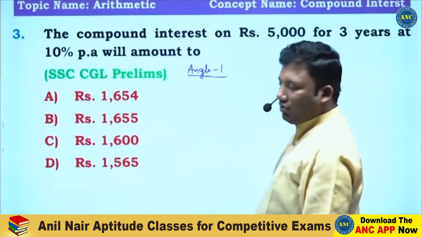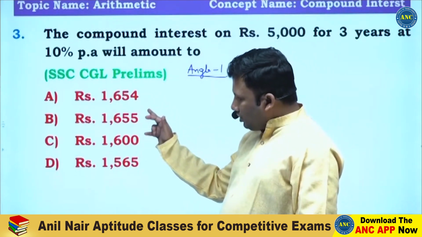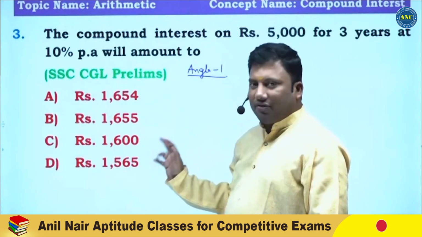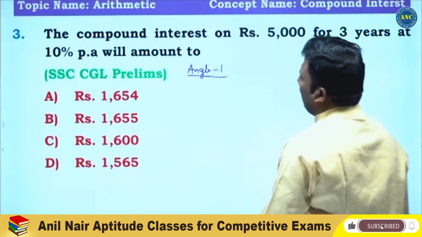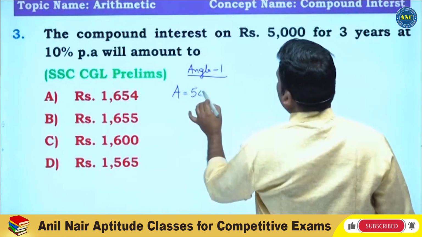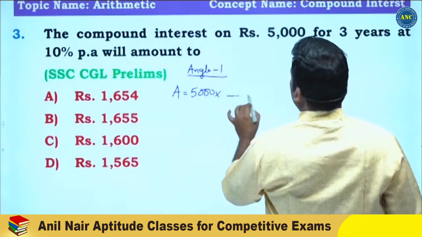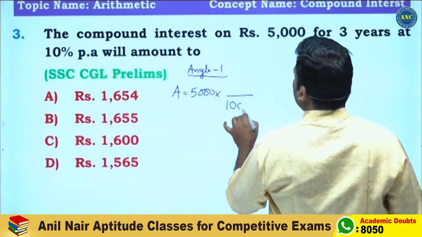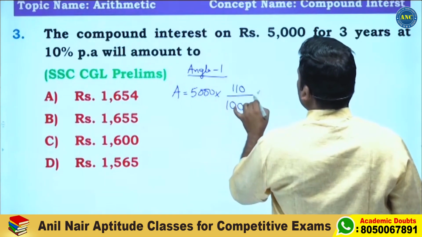First way: if you see here, the rightmost non-zero digit in the options is 4505. So let me check using the rightmost non-zero digit. I took 5,000 from my friend. On 100, it is 10 rupees extra, so it is 110.